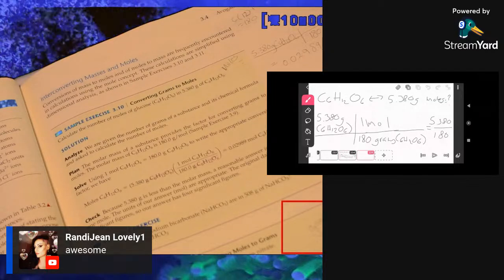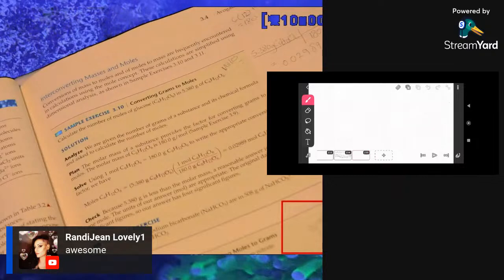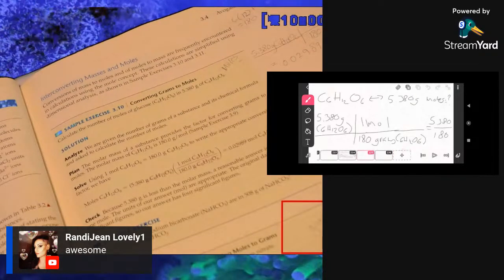What did I get when I did it? All right, so when I did it, I got 0.029. Oh wait. So when I multiplied that number, I got 0.02989. All right, so when I multiplied this whole number, that's what I got.